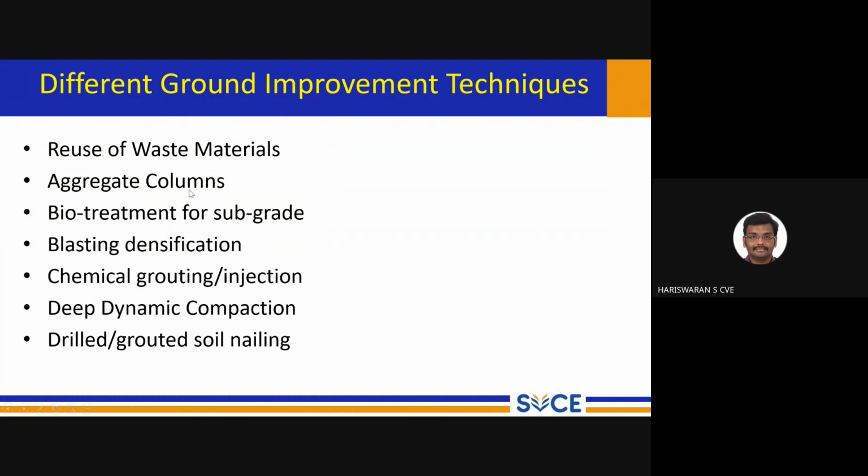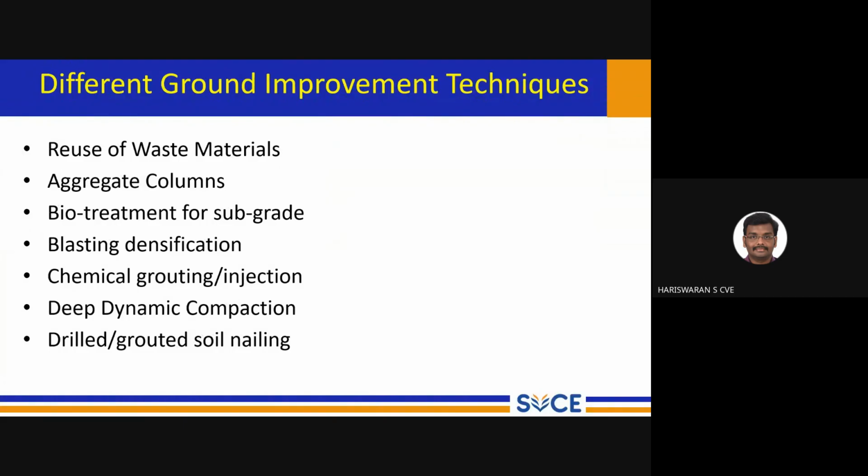Then aggregate columns, sand columns or stone columns. Then bio treatment of the subgrade, blasting densification, chemical grouting, deep dynamic compaction, grouting, and soil nailing. This is predominantly used, and it is a most intelligent technique.